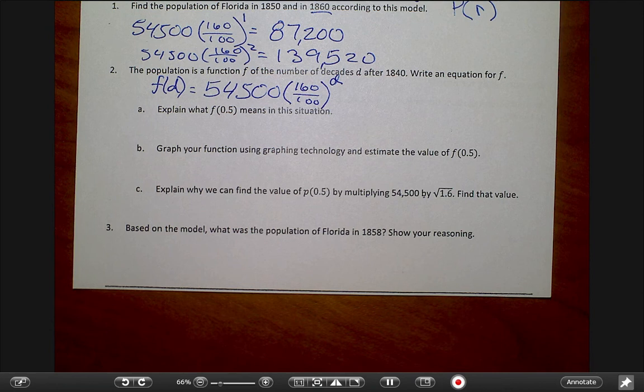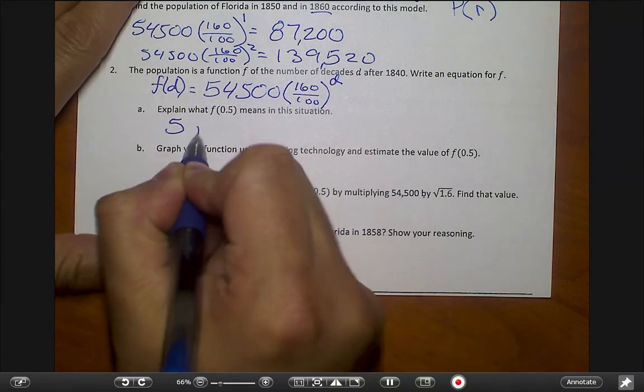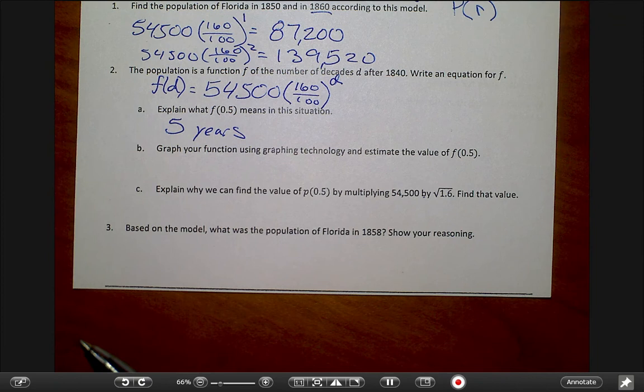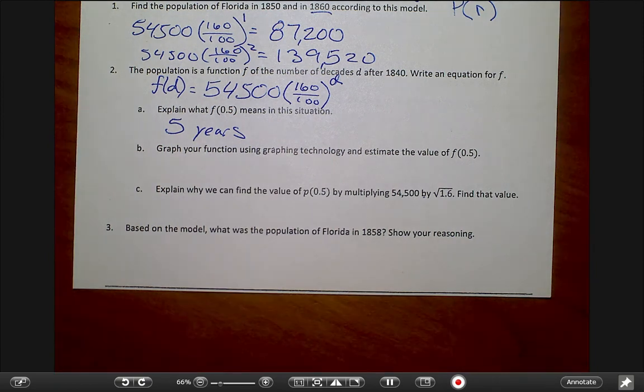Okay, but what does that represent though? 5 years, very good. Because 0.5 is half a decade, and half a decade is 5 years. Pretty straightforward, right? Now, graph your function.